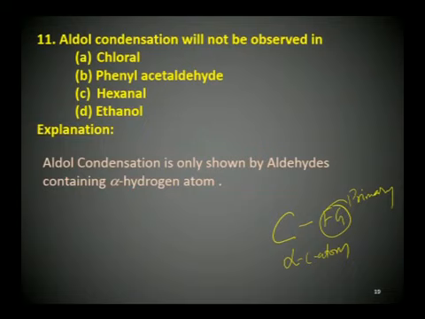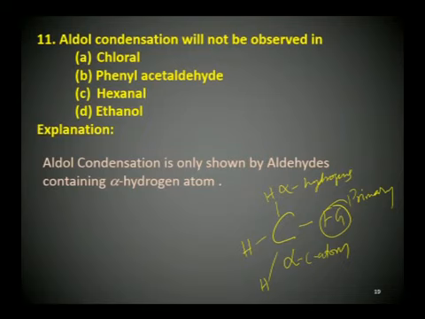If this alpha carbon atom is having hydrogens, those hydrogens will be called alpha hydrogens. So, the carbon atom which is bonded to primary functional group is called alpha carbon atom, and the hydrogens which are bonded to alpha carbon atom are called alpha hydrogens.